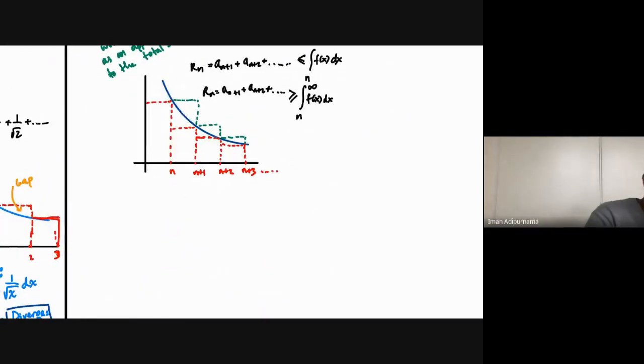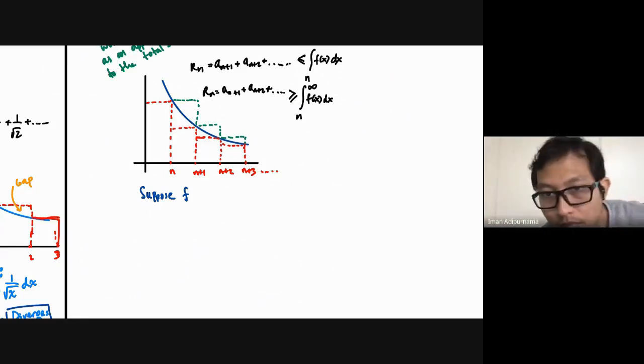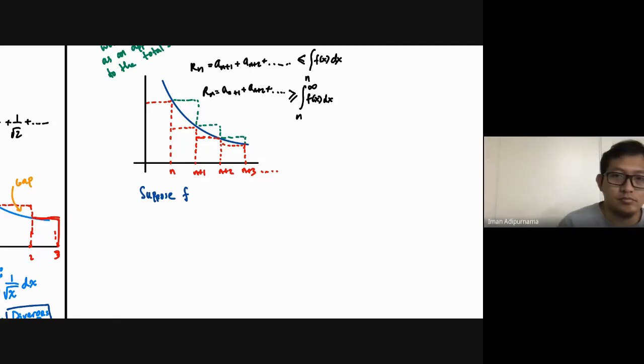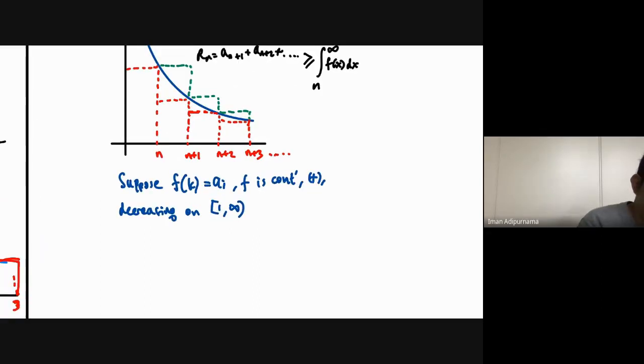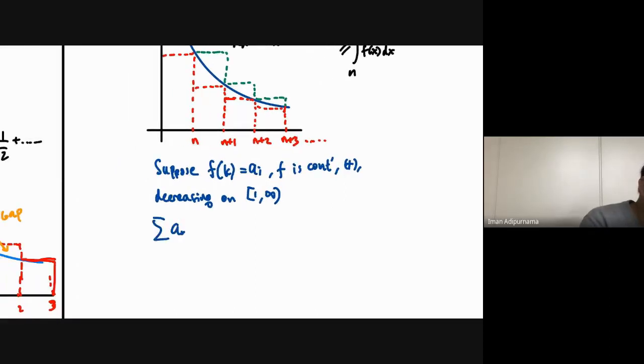Okay, let me write some notes here. Suppose we have some sum over k of a sequence, f is continuous, positive, and decreasing, and the sum of the sequence converges, and Rn is equal to S minus Sn.